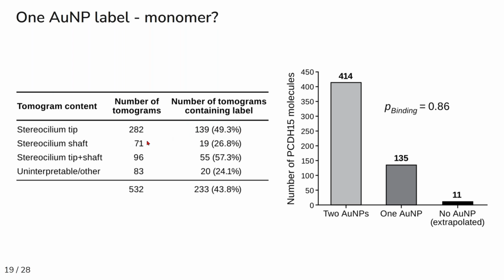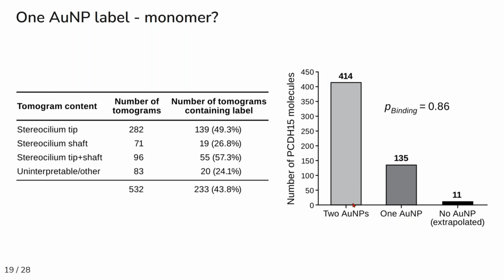In some of the tomograms we only had the shaft region of the stereocilium, and in this case only a smaller fraction, about a quarter, contained label. And in some of them we have both a stereocilium shaft and a tip next to it, and then again in about half of them we saw a label. We also counted how often we saw two gold nanoparticles and one nanoparticle, and found it was about a 4-to-1 ratio.